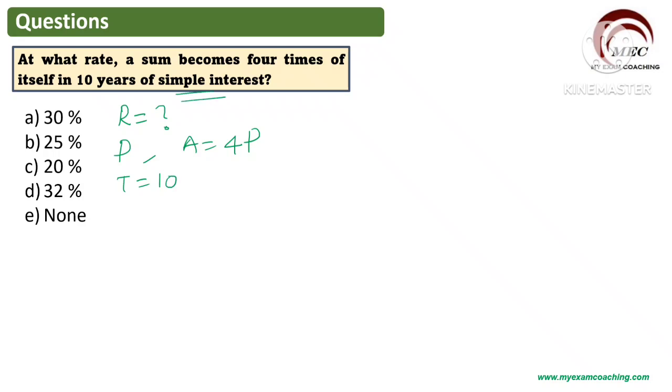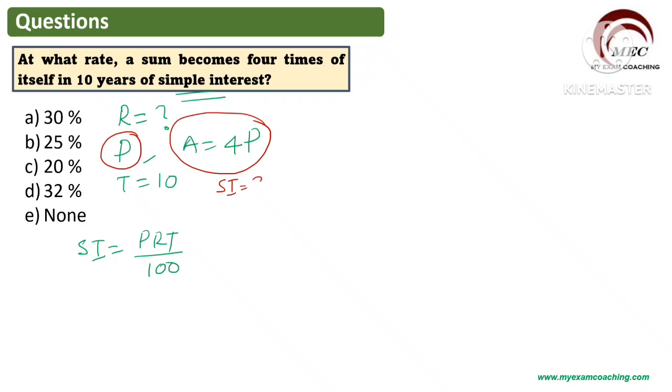So now we have simple interest is equal to PRT by 100. Now what is the simple interest? If the total amount is 4P, you are investing P and you get 4P, so your simple interest will be equal to 3P.